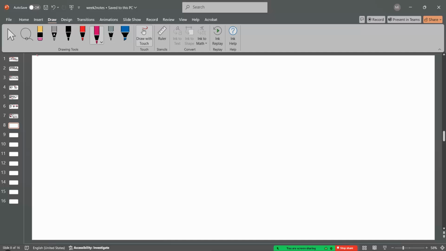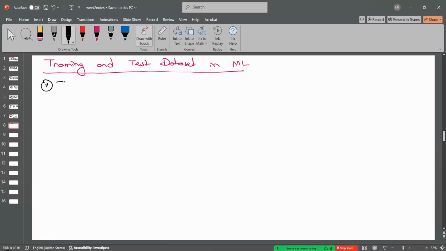Okay, guys? And so we have two special definitions in machine learning: training and test dataset. What is the meaning of this? In literature, the training data is the dataset used to train an ML model.